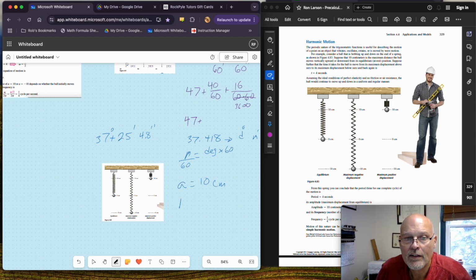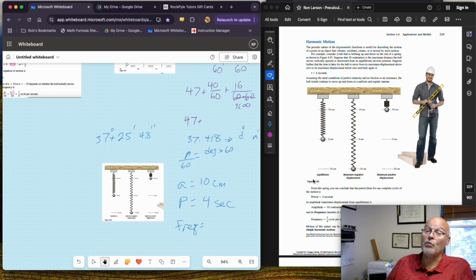The period is the amount of time it takes to go from one spot and finish the cycle. So if we start up here, it'll go all the way down, then all the way back up, and that's one period, and that's often measured in seconds. The other way you might see it is frequency, which is the number of cycles that happen in a second.